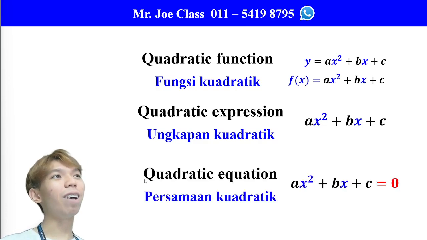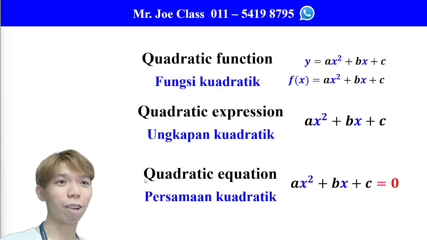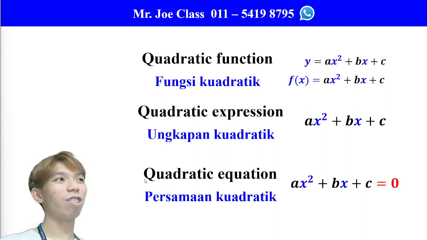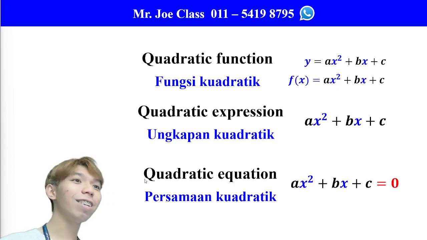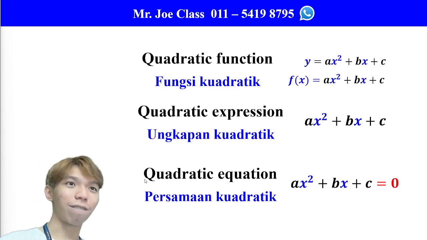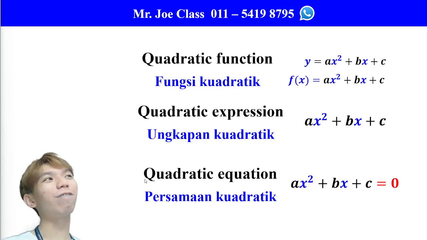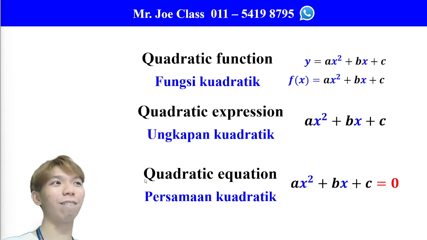And there's something called quadratic equation as well. What is a quadratic equation? A quadratic equation is a quadratic expression with equals 0 on the right hand side. Or you can say that when the quadratic function f(x) turns into 0, that is known as the quadratic equation.